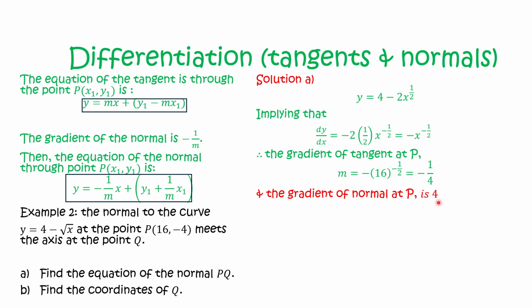Then the gradient of the normal at P would simply be 4. So the m would be 4.